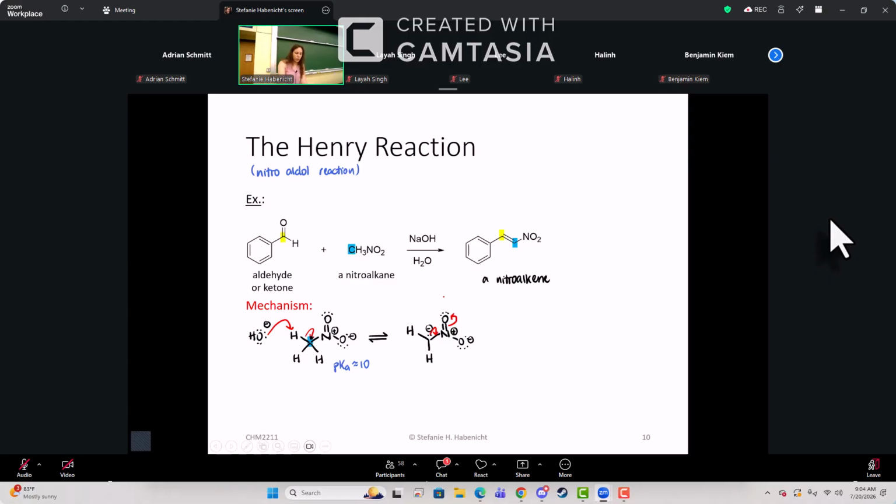We can push that charge into the nitro group, making a carbon-nitrogen double bond. And we'll end up with negative charges on both oxygens in this nitro group. Don't forget the positive on nitrogen.